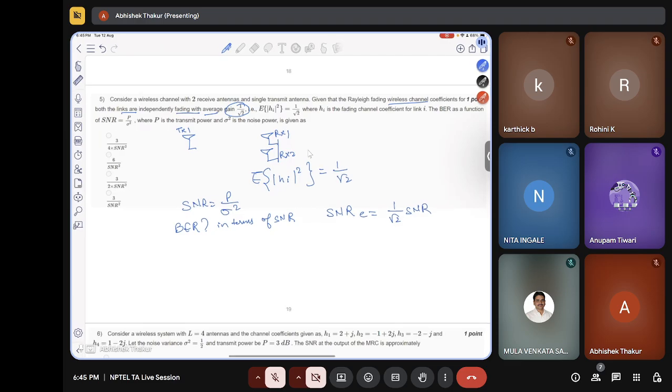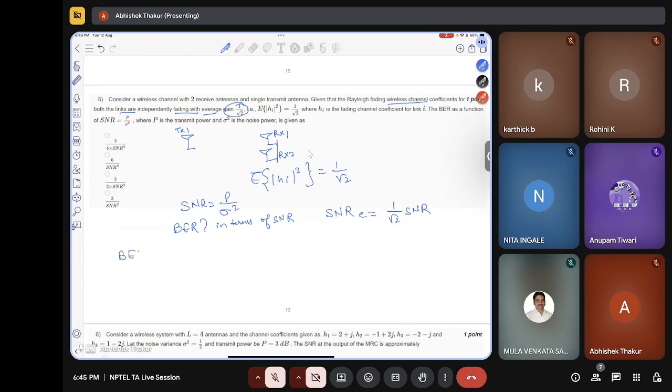Now again, the bit error rate is (2L minus 1 C L) times (1 by 2 SNR) to the power of L. This is a very important formula. Here put L equal to 2.